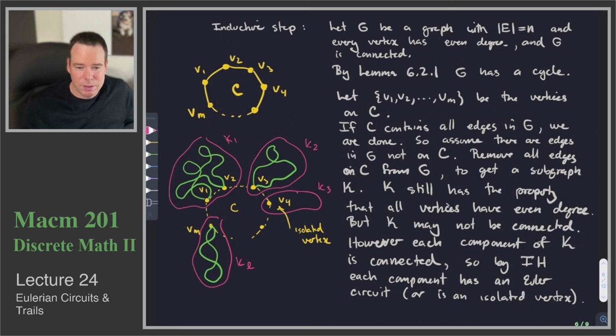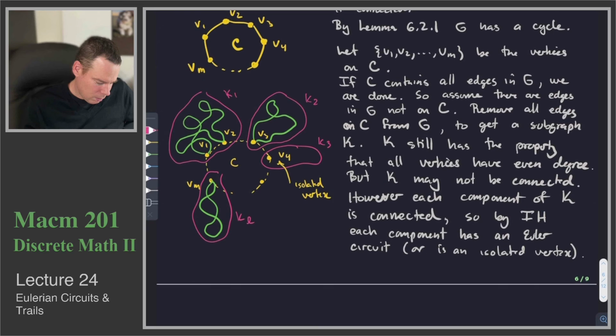Each of these components has vertices of even degree. They are connected because they are the connected components, and therefore they each have an Euler circuit, or they could possibly be an isolated vertex. So for all of the ones that aren't isolated vertices, they have Euler circuits, and that's by the induction hypothesis.